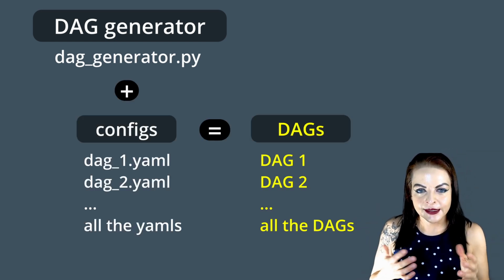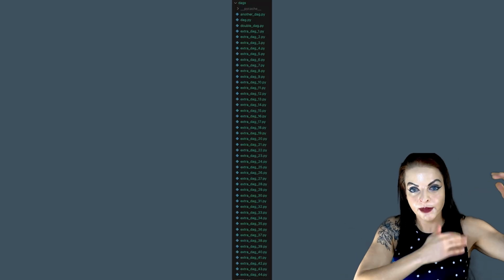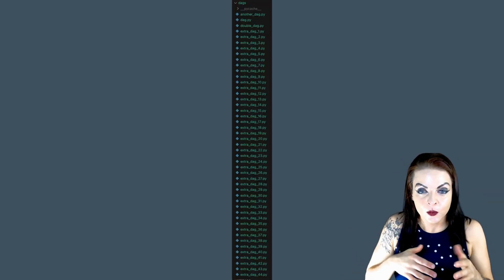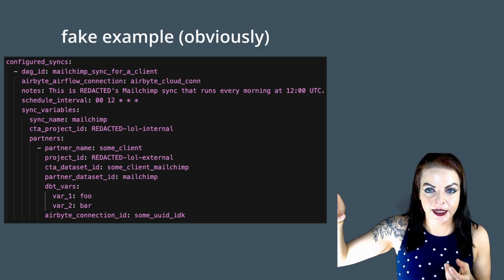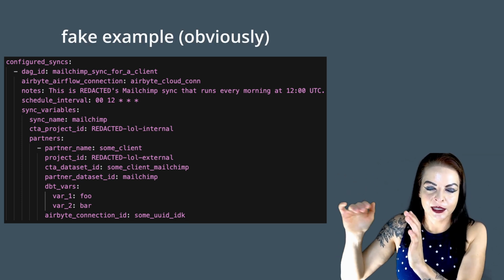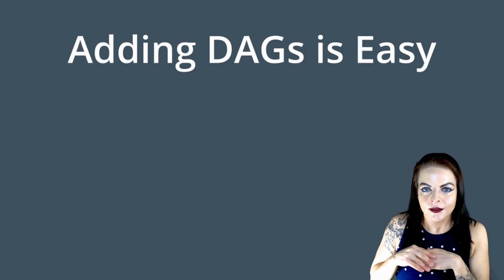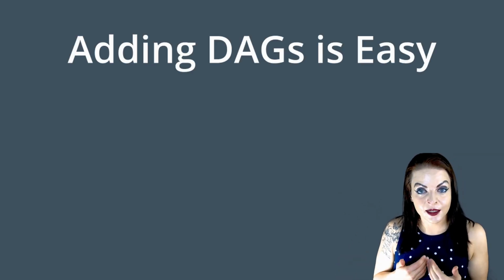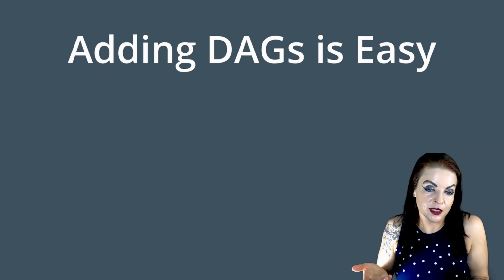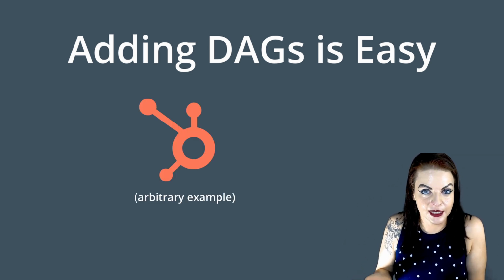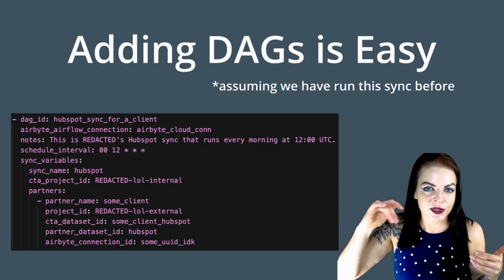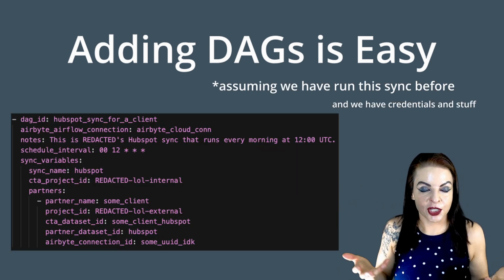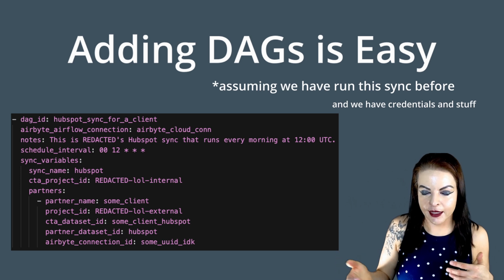So basically, instead of, let's say, 100 different Python scripts, instead, we can have really lightweight human-readable configuration YAML files that say really basic information that the DAG generator uses to run each sync. Let's say a new client comes to us and asks us for a new HubSpot sync, for example. We can create a new configuration YAML file and just put in the basic information that the DAG generator needs in order to deploy that DAG.